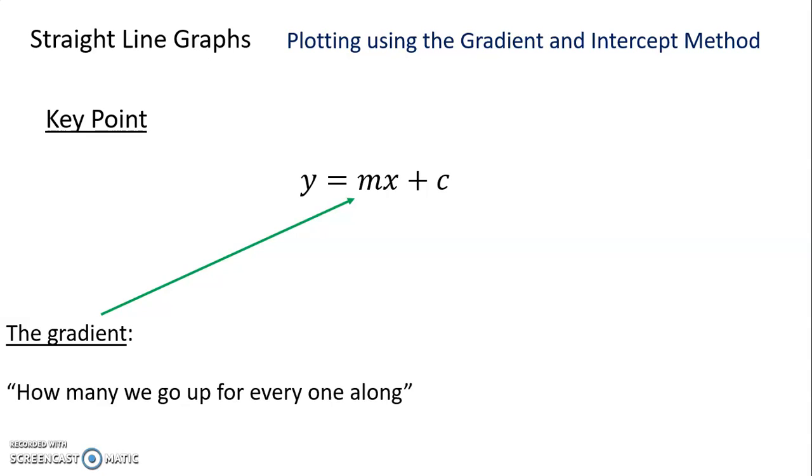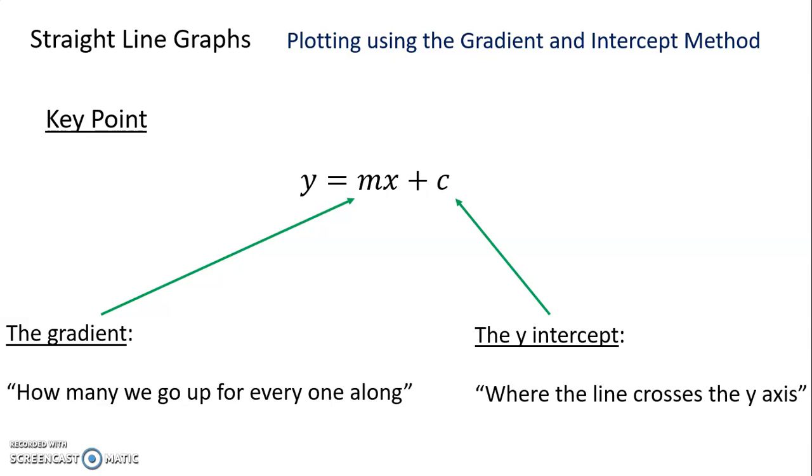So how many you go up on the y-axis for every 1 along the x-axis. And the constant, the plus c part, that is the y-intercept, and it tells you where the line crosses the y-axis. So pause the video at this point and make sure you've got that copied down into your books.